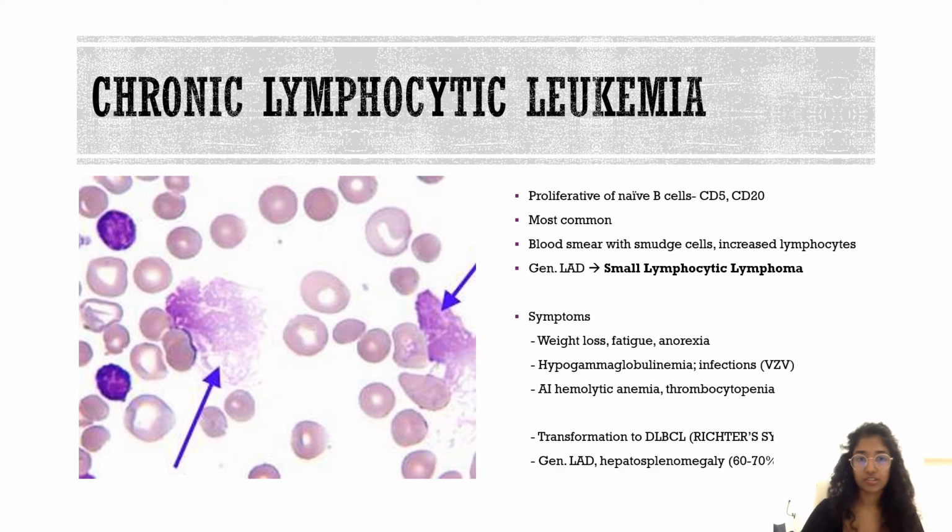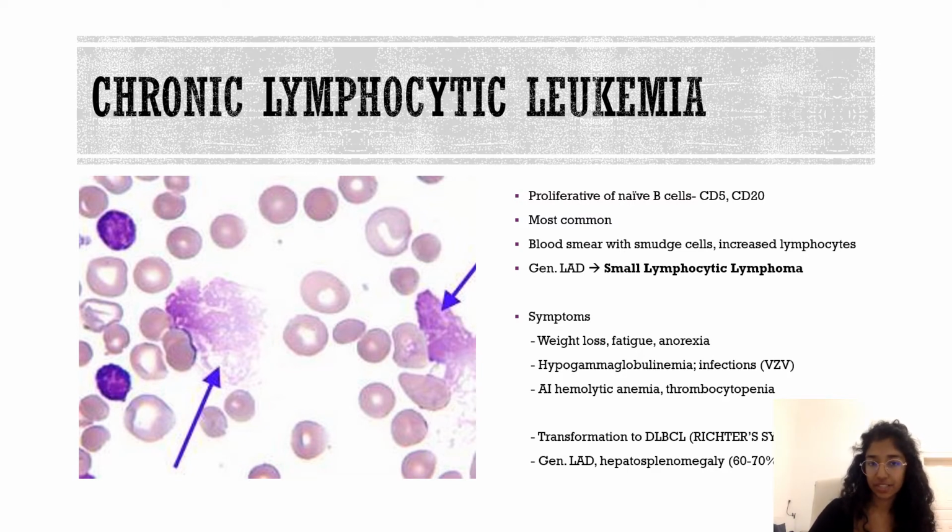Hypogammaglobulinemia occurs as a result of, basically, in CLL you have a proliferation of naive B cells, so you won't have the maturation of naive B cells to mature plasma cells, and as a result, the amount of antibodies or immunoglobulins being produced by these plasma cells will be very low. As a result, you'll have a decrease in gamma globulins, which will lead to an increase in the risk of developing infections, particularly by VZV.